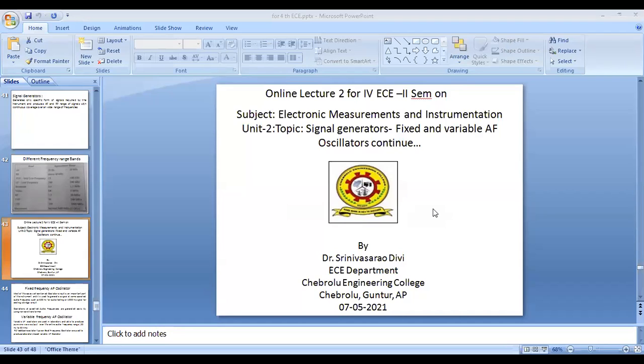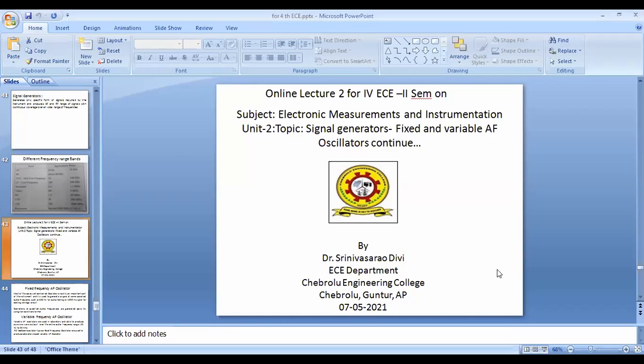Oscillators generate a fixed frequency signal, and signal generators produce different types of waveforms with variable frequency and amplitude. There we can change the voltage, and we can change the frequency for the signal generators.